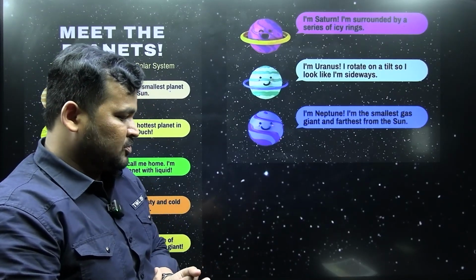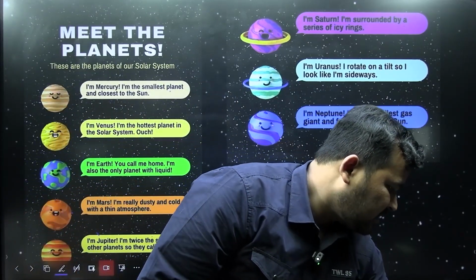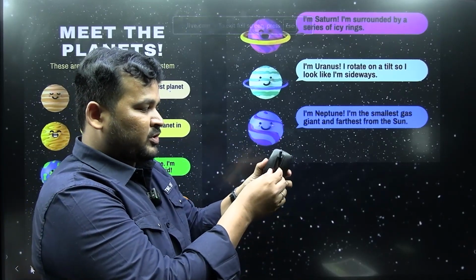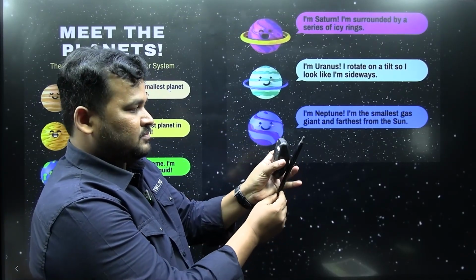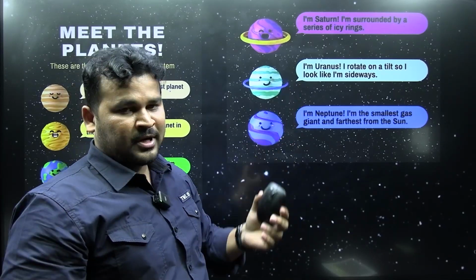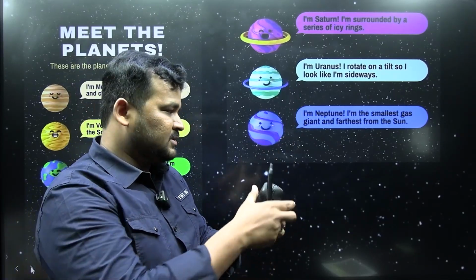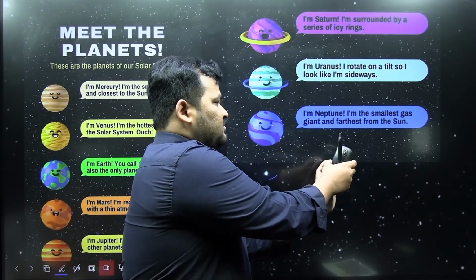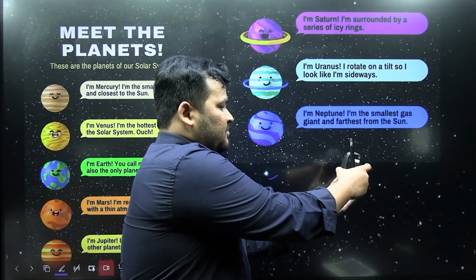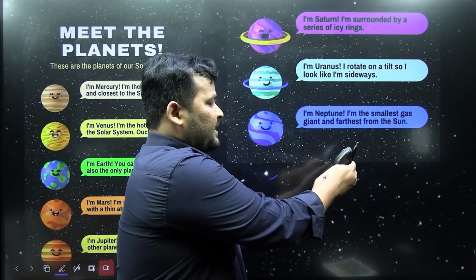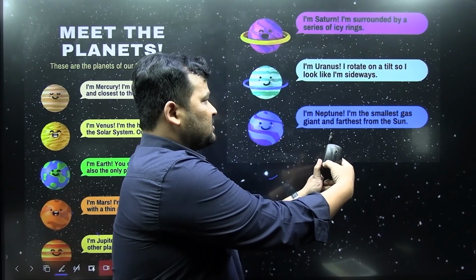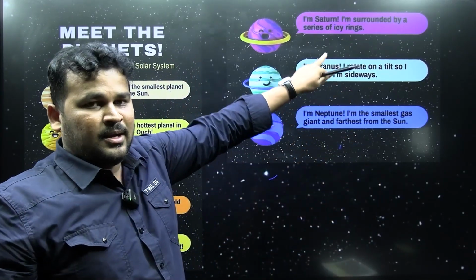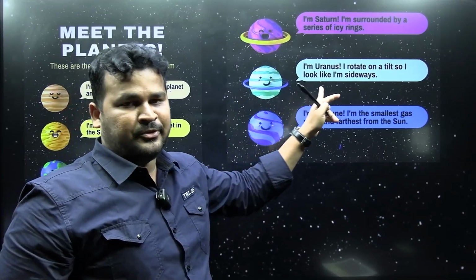If you want, I can show that. Our Earth rotates along its axis like this. But Uranus is not rotating on its axis, it is tilting like this way. So it is the difference between the remaining planets and Uranus.